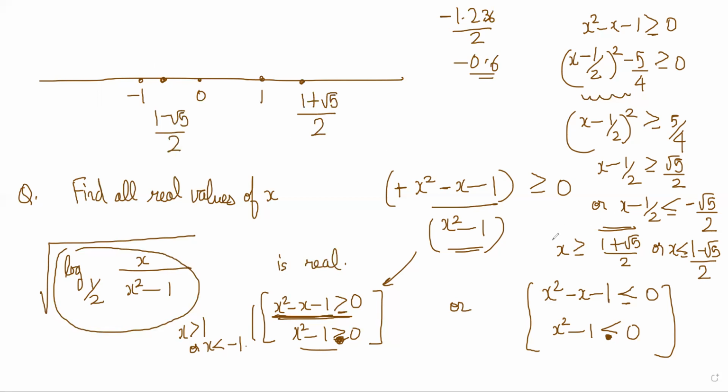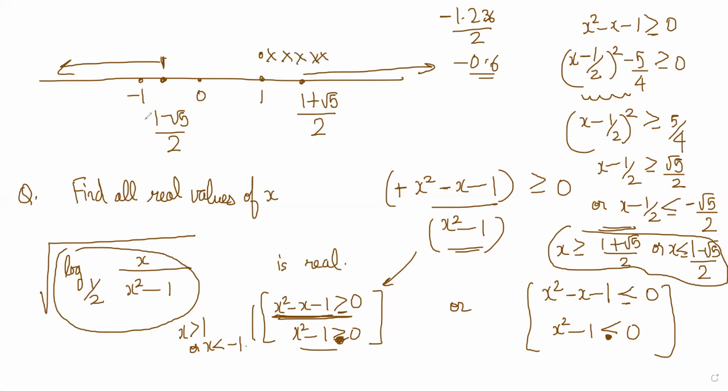So from here, the solutions are coming like this. x should be either this side or this side, right? Correct. And from the other condition, x should be this side or this side. Common solutions are where both are satisfied.